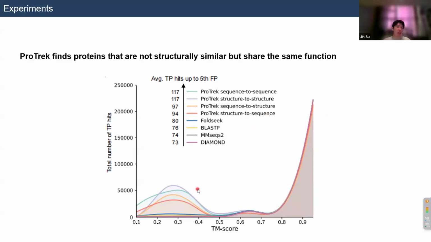But for proteins that have low TM scores, these alignment-based tools cannot find them, so they have a low number, but ProTrek can actually find those proteins that have low TM scores. So this part shows that ProTrek can not only find highly similar proteins, but also find dissimilar proteins, namely remote homologous proteins.